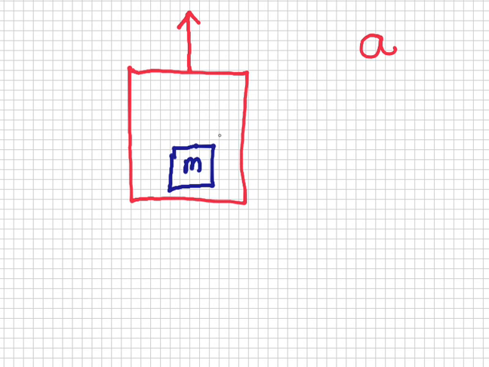Is it the same, more or less than a? It is also a, as long as it's on the floor. So this is also going up with a. So the mass is going up with a and the lift is going up with a. Now let's look at this mass.